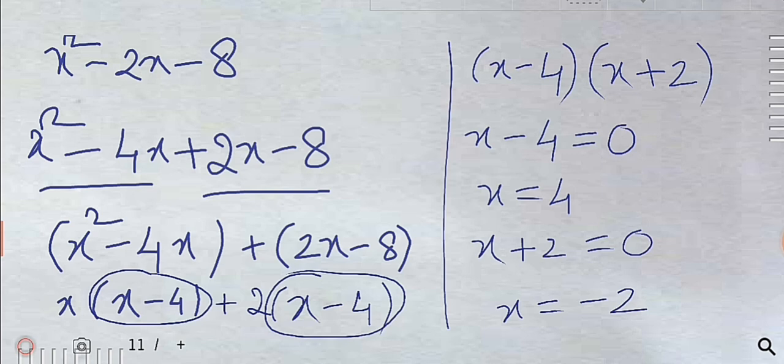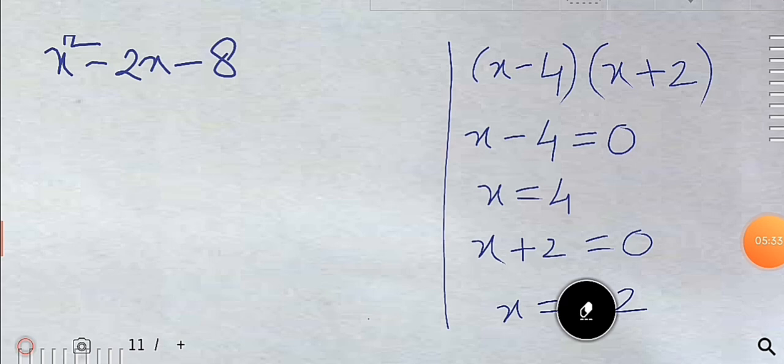Now for better understanding, let us check whether these two zeros are possible or not.